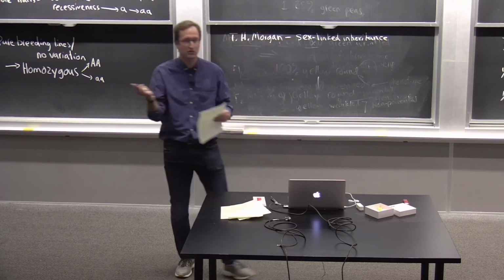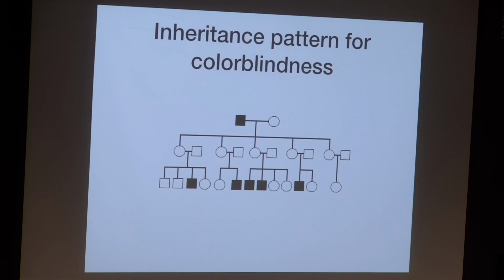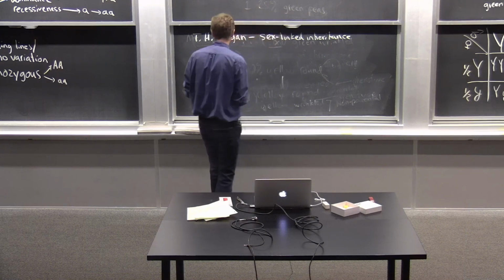I want to return your attention to this example of human colorblindness, where there appears to be some sort of connection between the disease phenotype, in this case colorblindness, and the gender of the individuals. So you see this disease is only affecting males. This type of inheritance pattern, while observed in humans, was really explained by work done in flies on this white mutant that you're passing around the class.